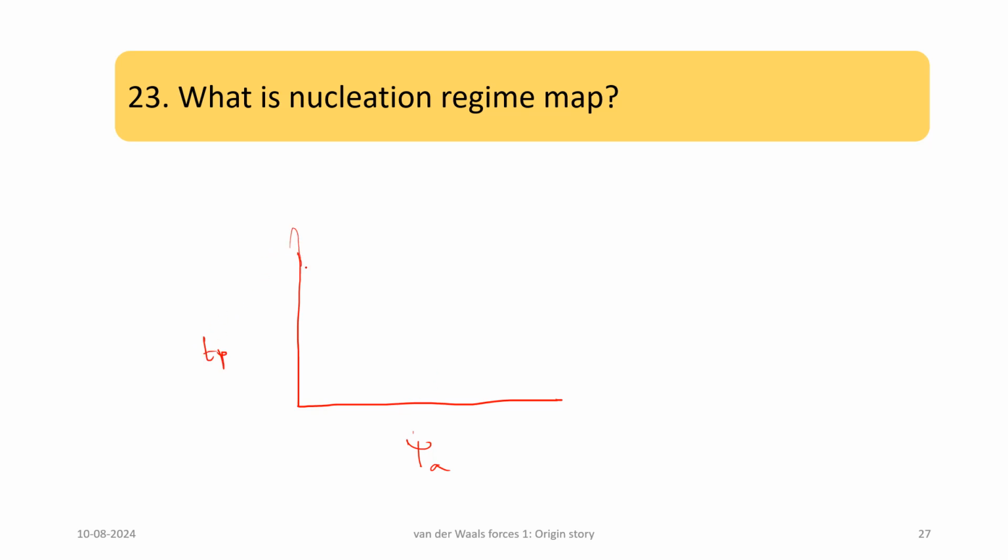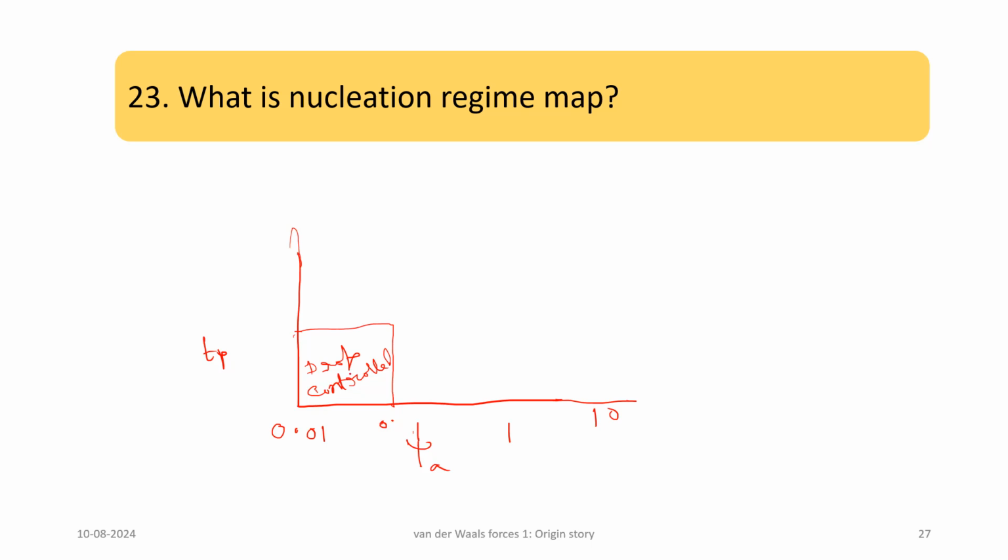When the spray flux is very small and the penetration time is also less, then this zone you can determine as the drop controlled nucleation regime.